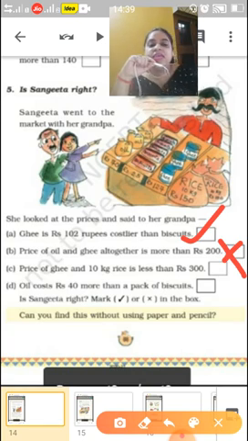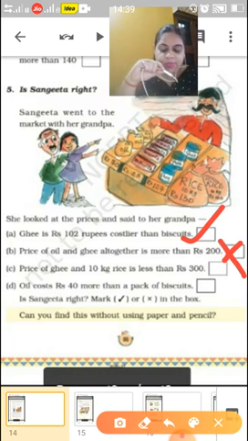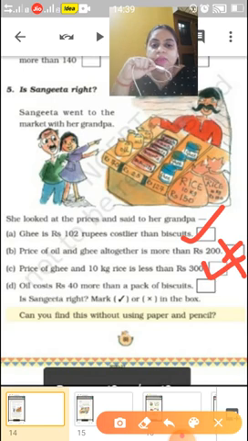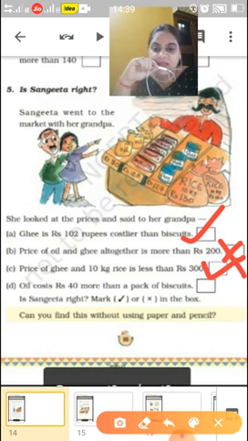Price of ghee and 10 kg rice is less than 300. Ghee and rice, yes, it is right because our answer is coming 127 plus 150, that is 277. So it is less than 300. So third one is right.